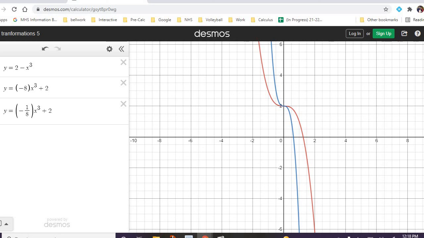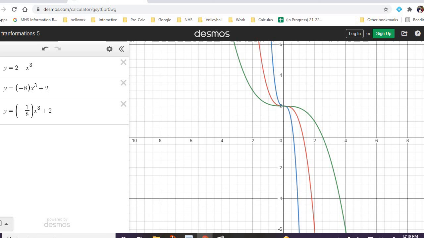That's the -8, and that's the -1/8. The blue one is the -8, and the -1/8 is the green one. So again, it's horizontally, so we've stretched it out, or stretched it in, basically.